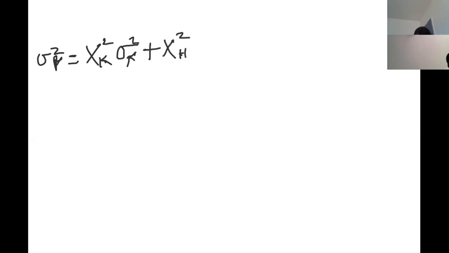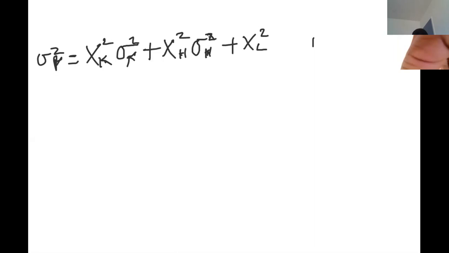So the same as X_K all squared multiplied by the variance of K, plus X_H all squared multiplied by the variance of H, plus X_L all squared multiplied by the variance of L, plus 2 X_H X_L multiplied by the covariance of H and L, right?